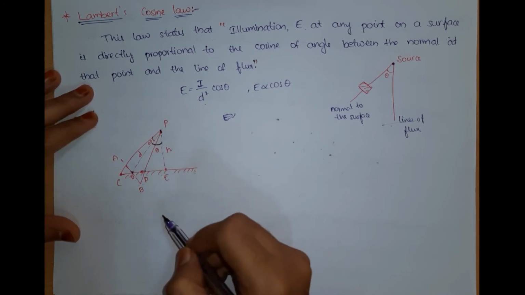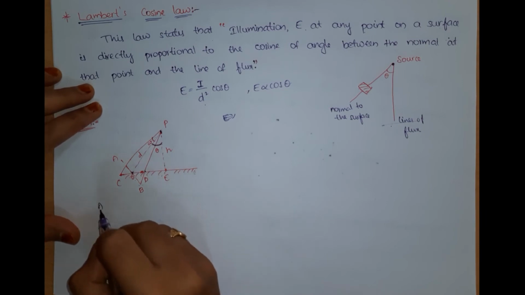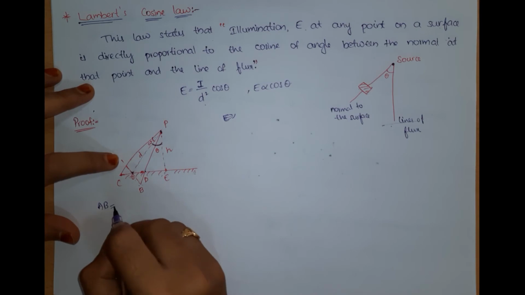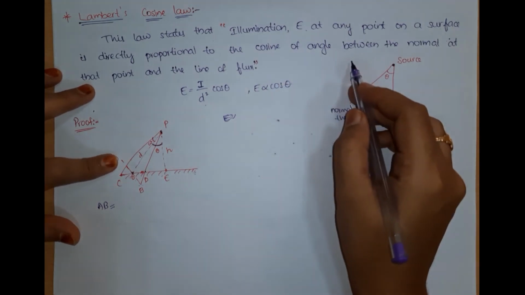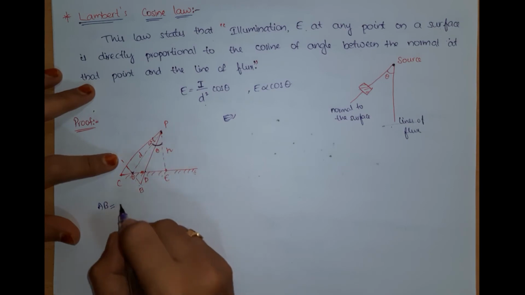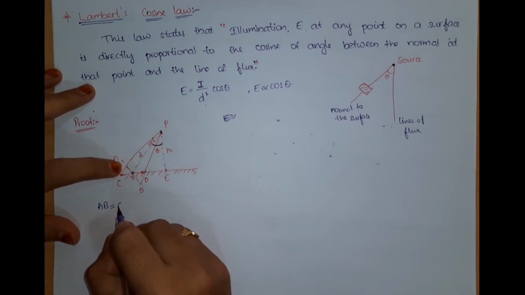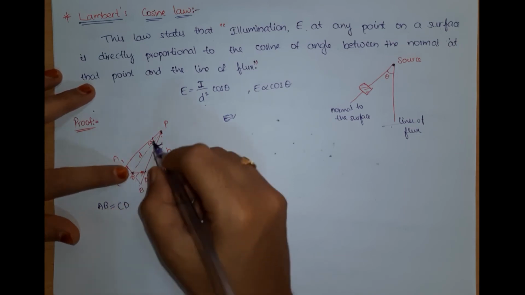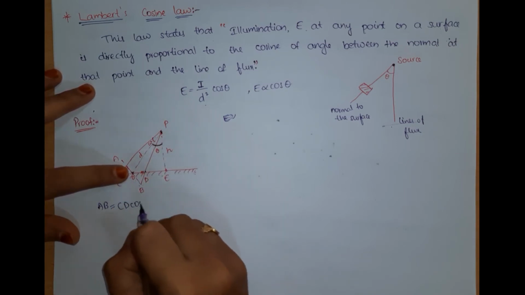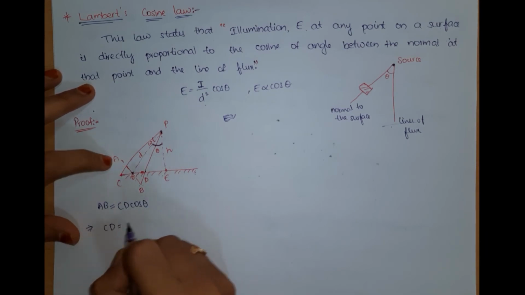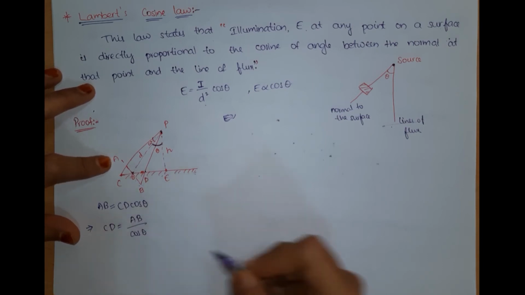Now from the definition, the tilted surface AB is the cosine of the angle between the normal and the line of flux. The angle is theta. The actual surface is CD, and the cosine of the angle is cos theta. From where we can find out that surface CD is AB by cos theta.